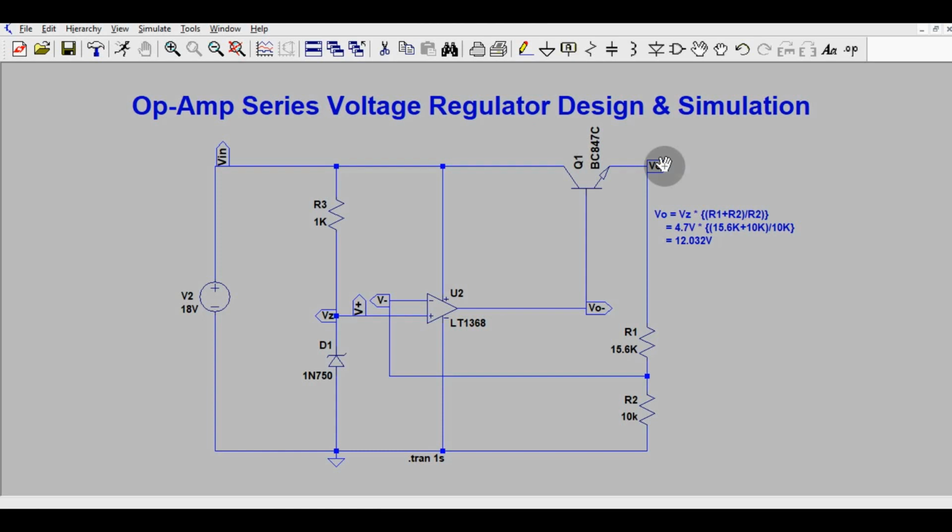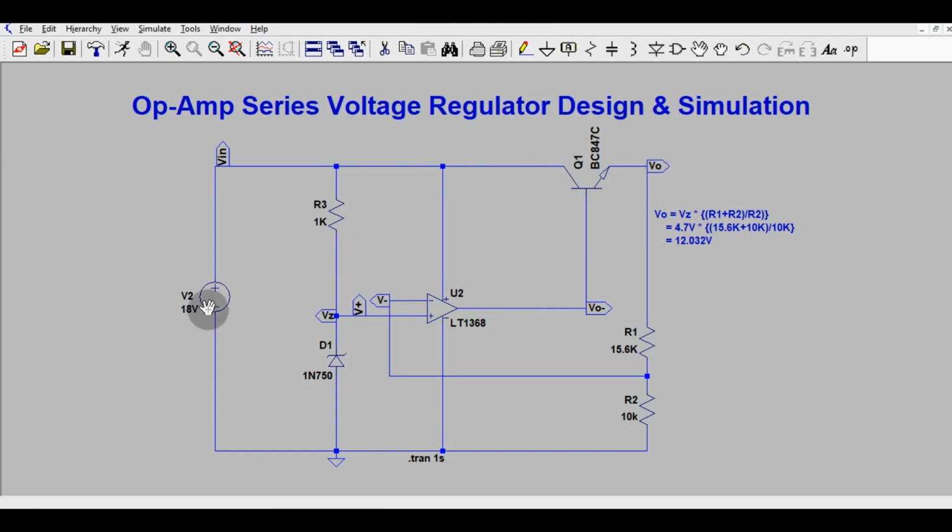So in my previous video we have already seen the design part of the voltage regulator. We have already understood the working of the circuit diagram, how we derive the equation for output voltage and how this circuit works. So in this video I will run the simulation and show you, when input voltage is 18 volt, what is your output voltage?